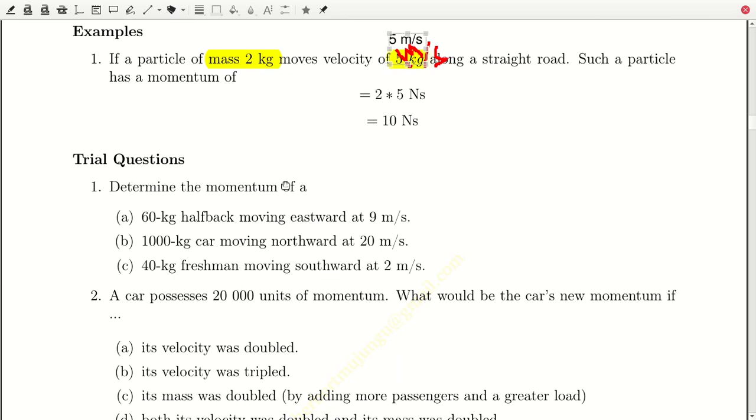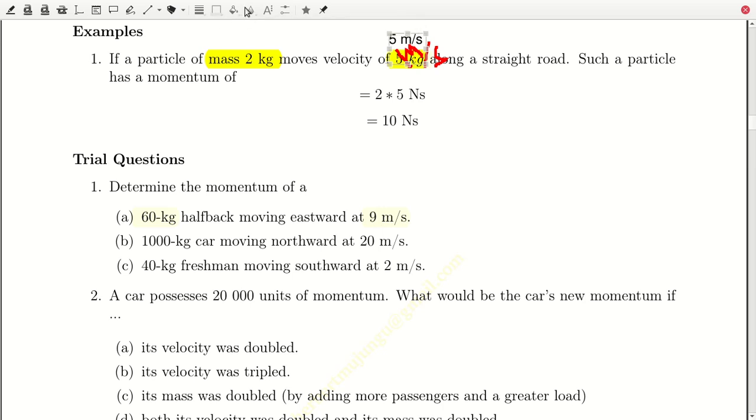So determine the momentum of a 60 kg block moving eastward at 9 meters per second. So it means you just simply multiply 60 times 9.